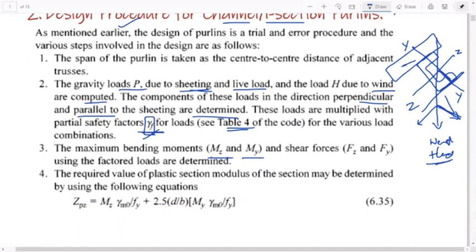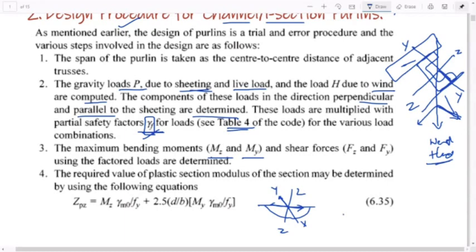Mz is the moment about the ZZ axis. See, this is the purlin and this is the ZZ, and perpendicular to this is going to be YY, and this purlin is going to bend about the ZZ axis, and it is also going to bend about the YY axis.